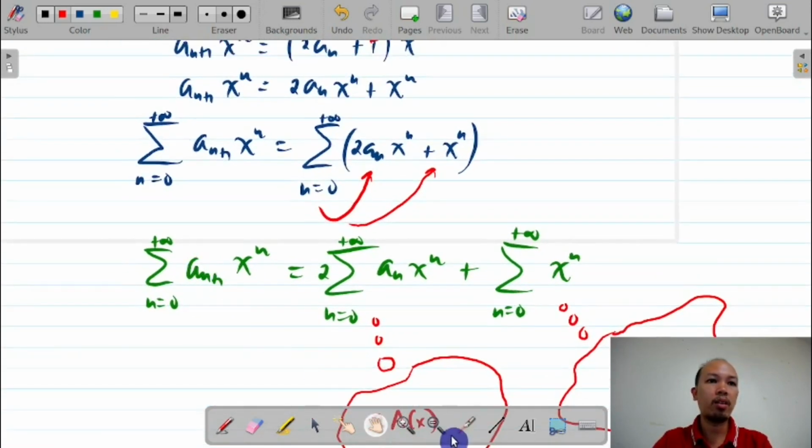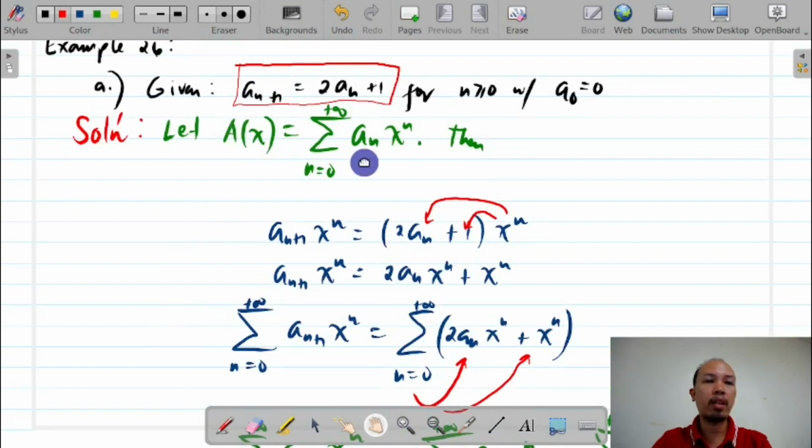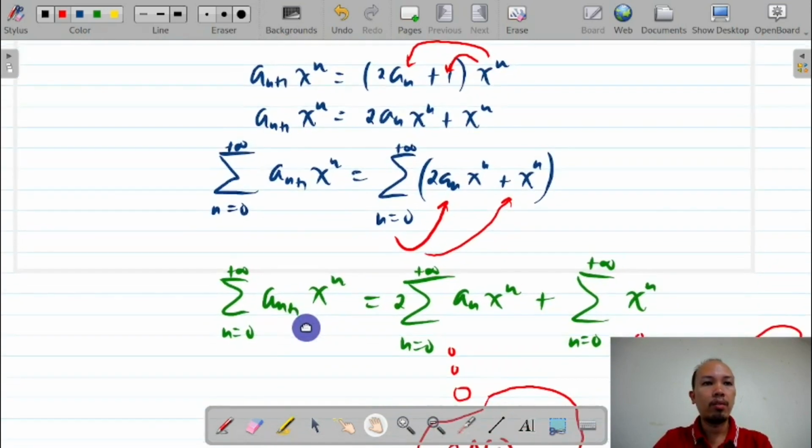This is not a of x. Look at here, the right hand side. Just go back to our a of x. The a's are the coefficients or the terms. Okay, the coefficient a sub n is of the form a sub n. However, if you look at this one, it is a sub n plus 1. So it was shifted. I don't know if you recall.